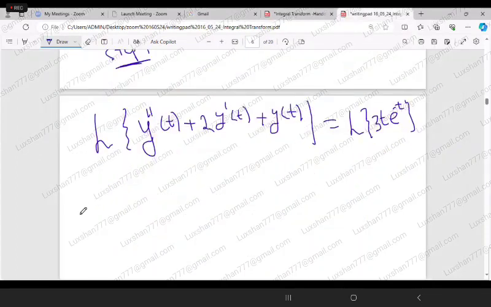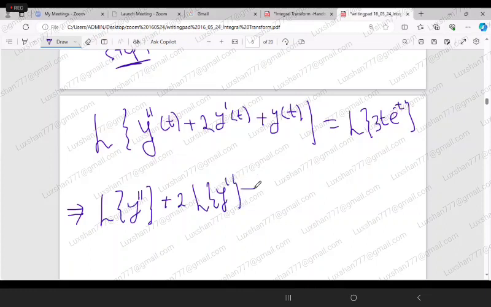Now, using the linearity property, you can write this as Laplace transform of y'' plus 2 times Laplace transform of y' plus Laplace transform of y equal to Laplace transform of d(t) into e to the power minus t.